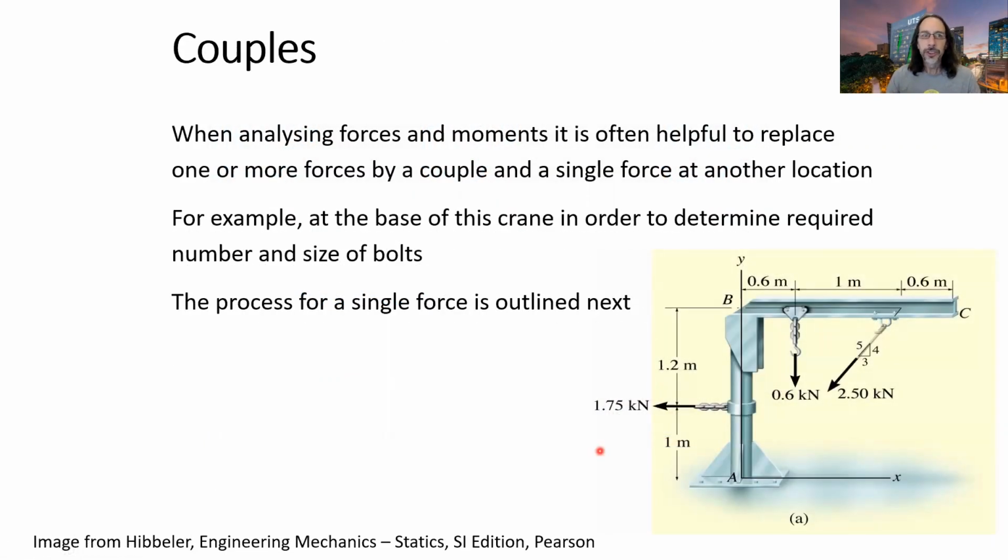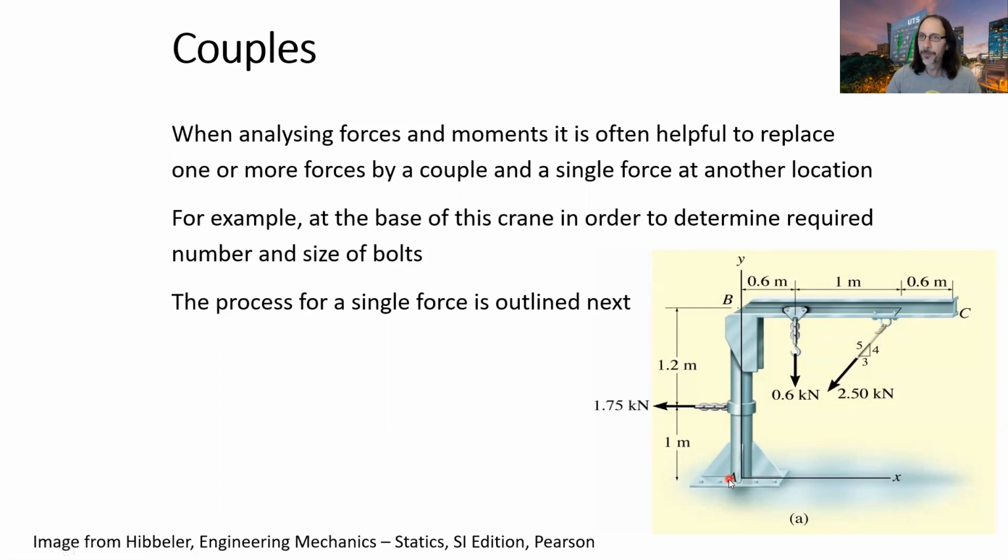Okay, so now we can use our knowledge of couples to move from a couple and a force to a force only, or from a force to a force and a couple, and so on. So as I explained at the start of the lecture, the reason we might want to do that is because we want to know the equivalent force and moment or couple at the base here.